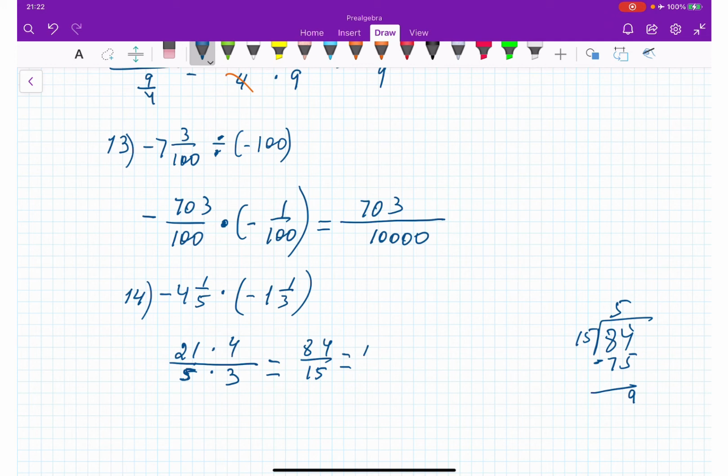So it's going to be 5 and 9 over 15. Remember what I said, all changes we are applying to the numerator. So 9 and 15 I can reduce by 3. This is 3, this is 5. And the answer is 5 and 3/5. Next one.